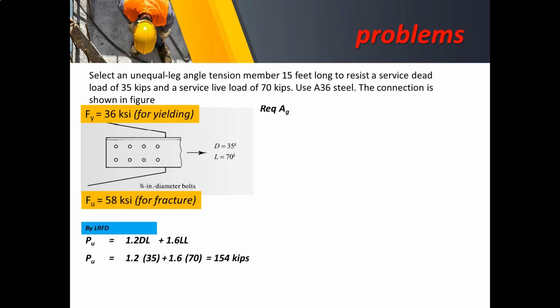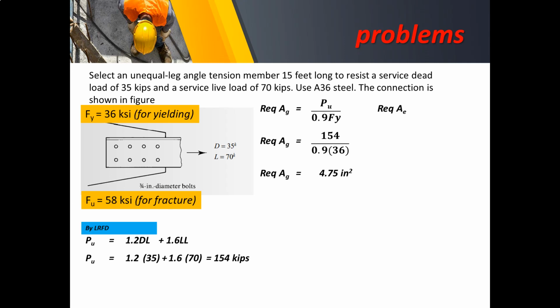So from here, you can now compute for the required gross area. The required gross area is equal to PU all over 0.9 of Fy. So all we need is to substitute those values and come up with the required gross area equal to 4.75 square inches.